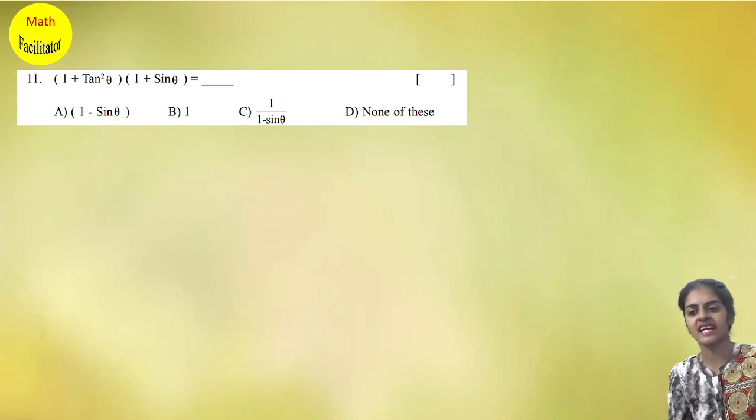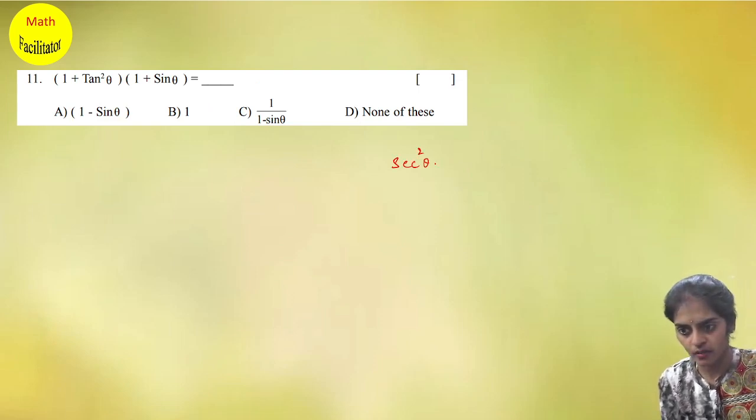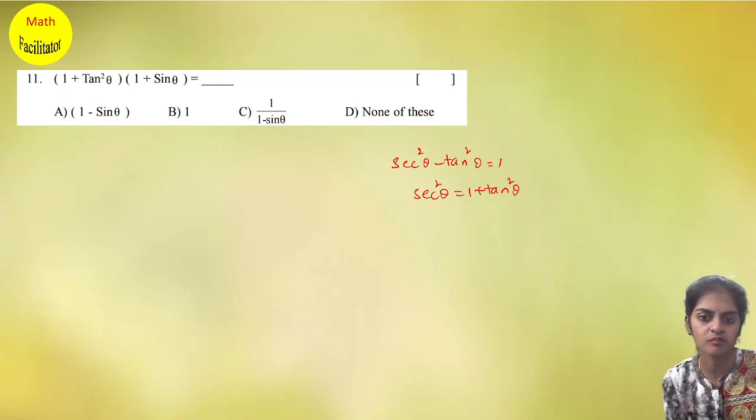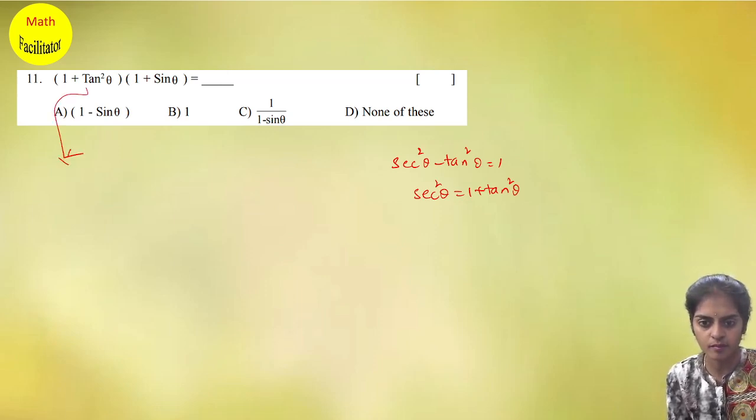Now see 1 plus tan square theta. We know secant square theta minus tan square theta is 1. So 1 plus tan square theta, immediately you should be able to understand it is nothing but secant square theta. So 1 plus tan square theta is secant square theta, into 1 plus sine theta I have.